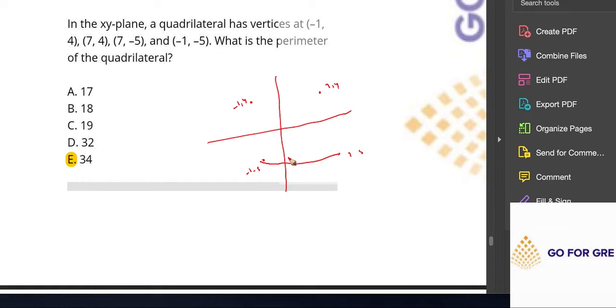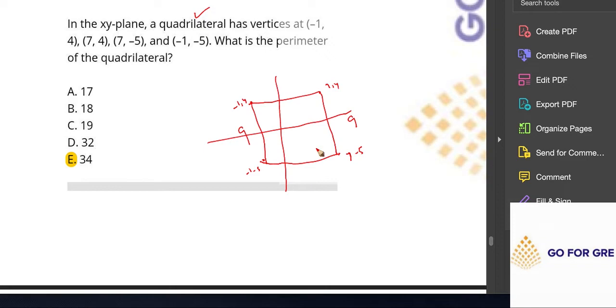Now we have to find the distance here. 7 minus 7 is 0. Minus 5 minus 4, 9. So the distance here is 9, because it is a quadrilateral.